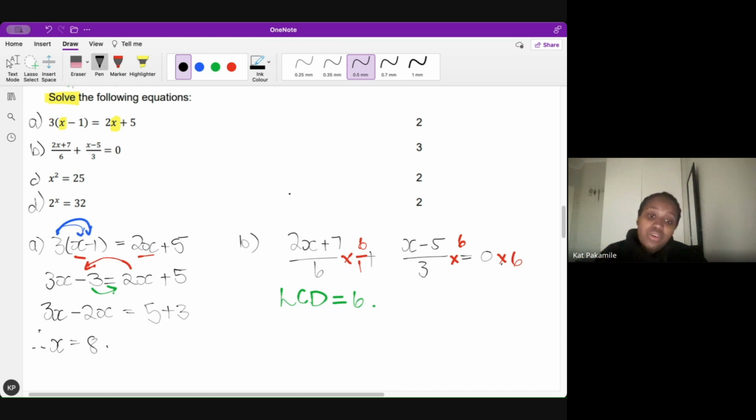Okay, great. Now what's going to happen with these 6's over here on the first term? I have a 2x plus 7 divided by 6 times 6. They cancel out. Beautiful. Here, we're going to do some sort of cancellation, but there's going to be some sort of remainder. How many times does this 3 go into itself?